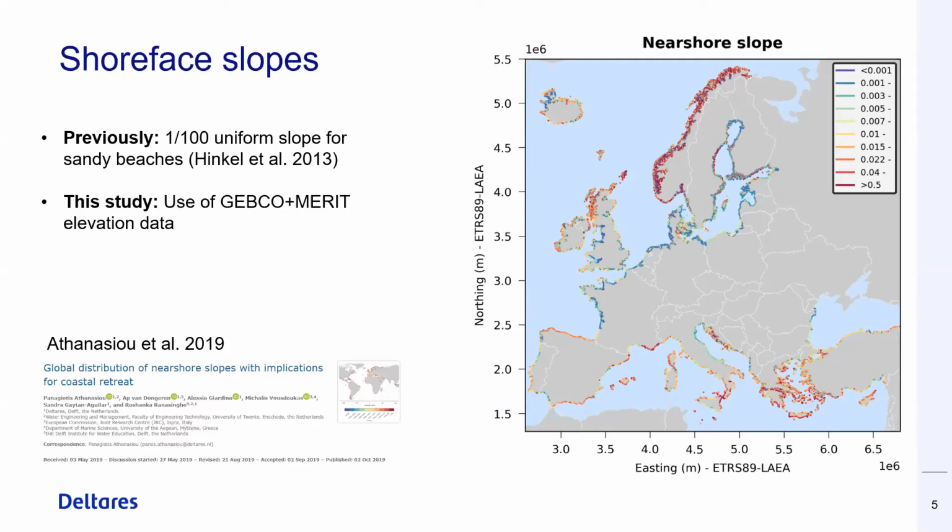Through this project, we made available a new data set, which gives this spatial distribution of the slopes along the coastlines, as you can see in this figure. As you would expect, in the Mediterranean, especially Greece, you have steeper slopes, while in the North Sea or France you have milder slopes, which are really important for being able to predict how the shoreline will change.